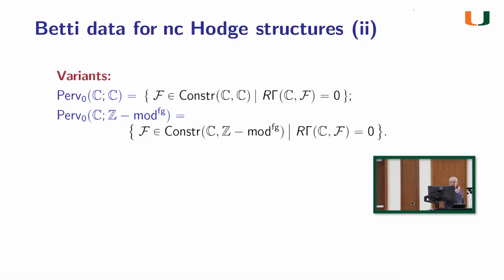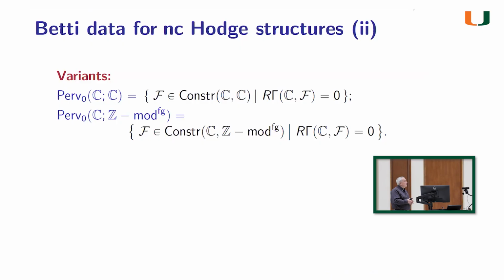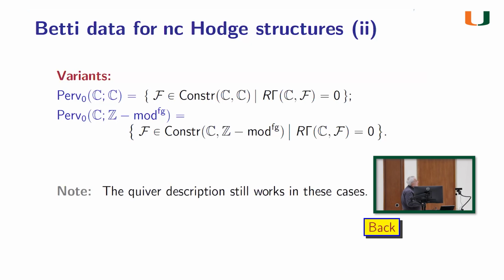But this Perv 0 thing actually does make sense because it's given by a vanishing of cohomology condition. So I can say that a Perv 0 constructible complex of finitely generated abelian groups is just a constructible sheaf of finitely generated abelian groups with vanishing global cohomology. So that could include torsion. And the quiver description still works in this case.